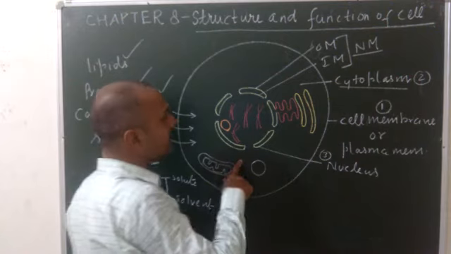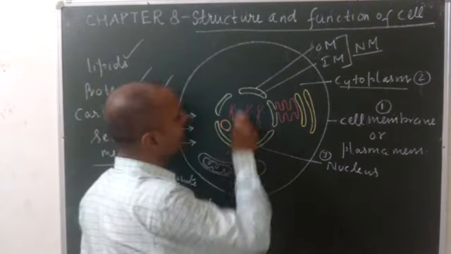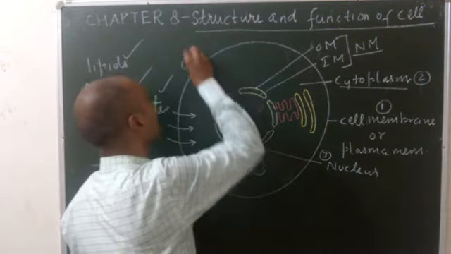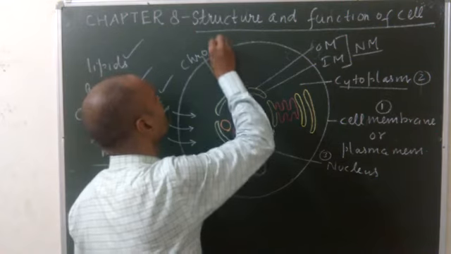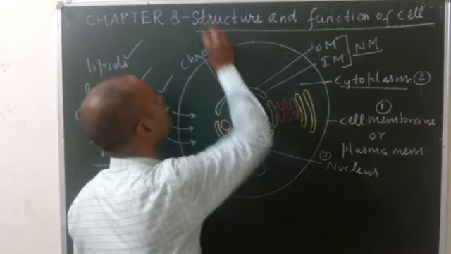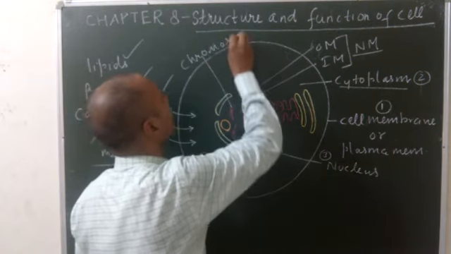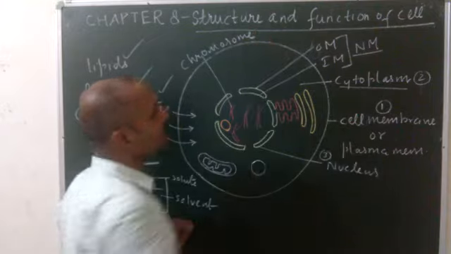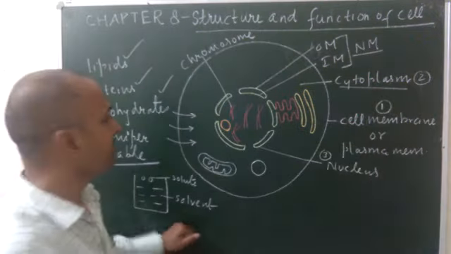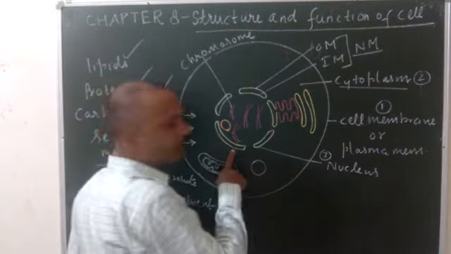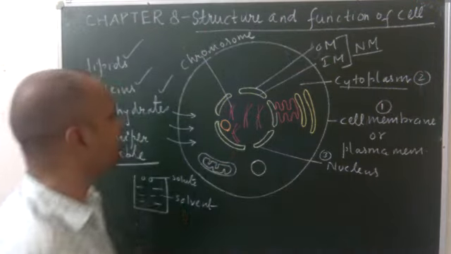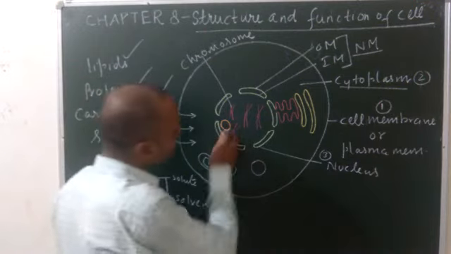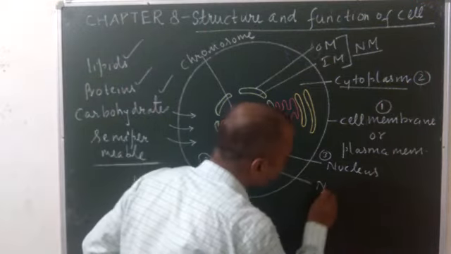Inside the nucleus, there are fine structures known as chromosomes or DNA. DNA means deoxyribonucleic acid. Inside the nucleus, there is also a round, spherical structure known as the nucleolus.